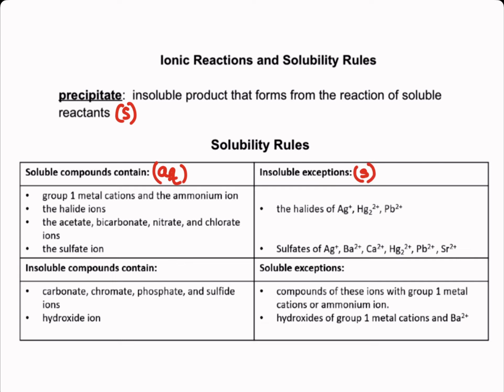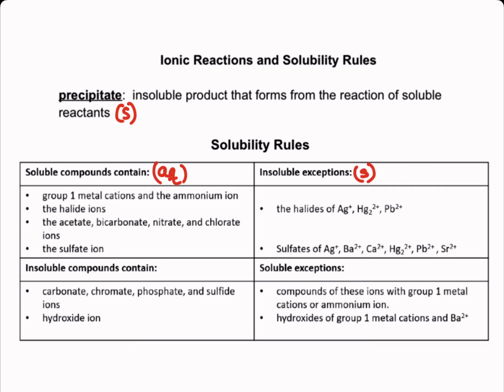The acetates, the bicarbonates, the nitrates, and the chlorates are all soluble. The sulfite ion is soluble except when it is bonded to one of these cations. This makes it insoluble.